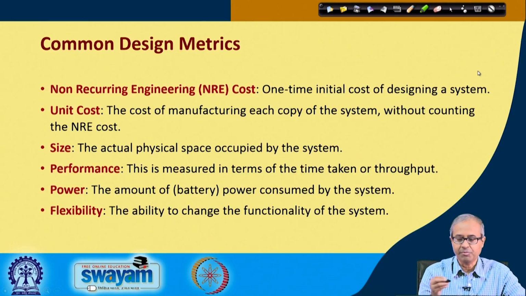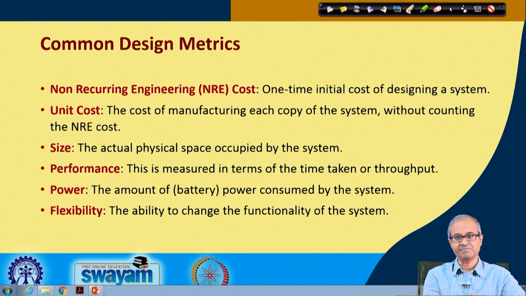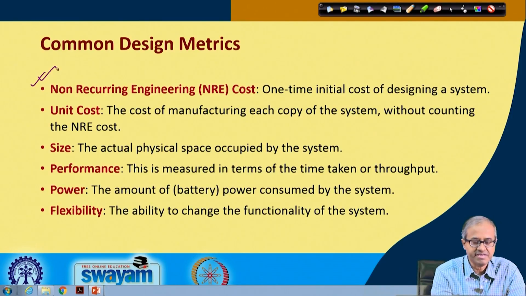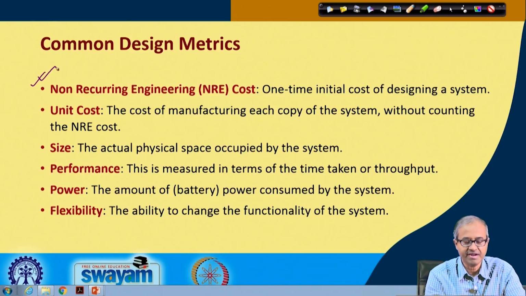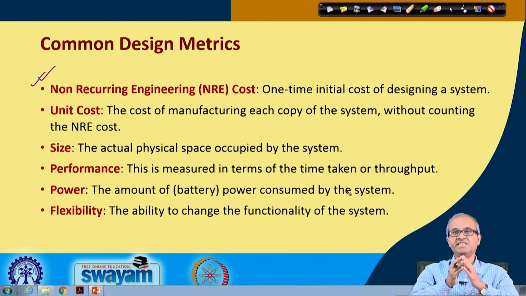Now, let us talk about some of the common design metrics with respect to embedded system design. We are concentrating ourselves on the design of embedded systems only. First important parameter is called non-recurring engineering cost. Non-recurring engineering cost means this is some kind of initial cost. Let's take an example.